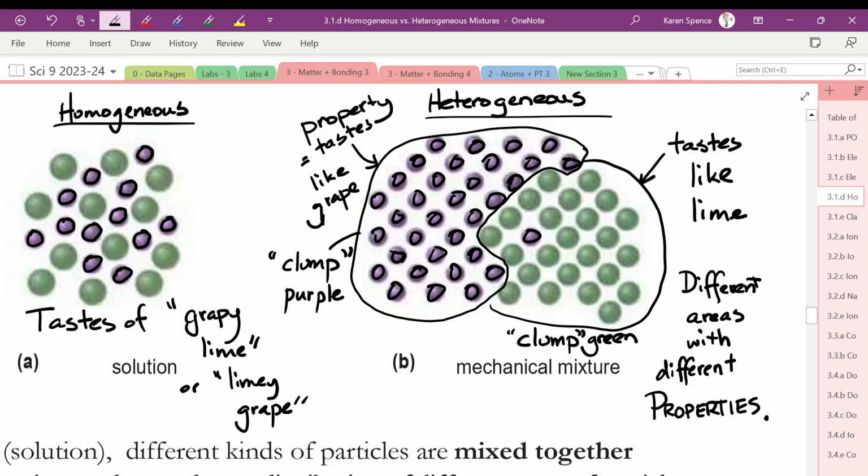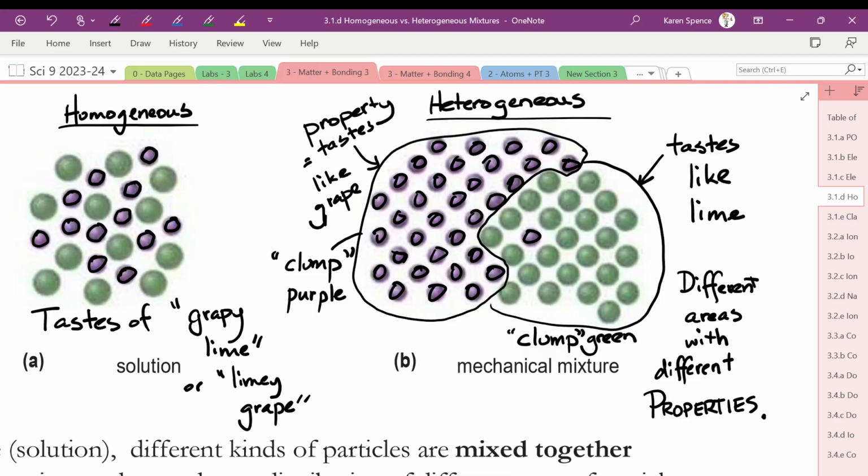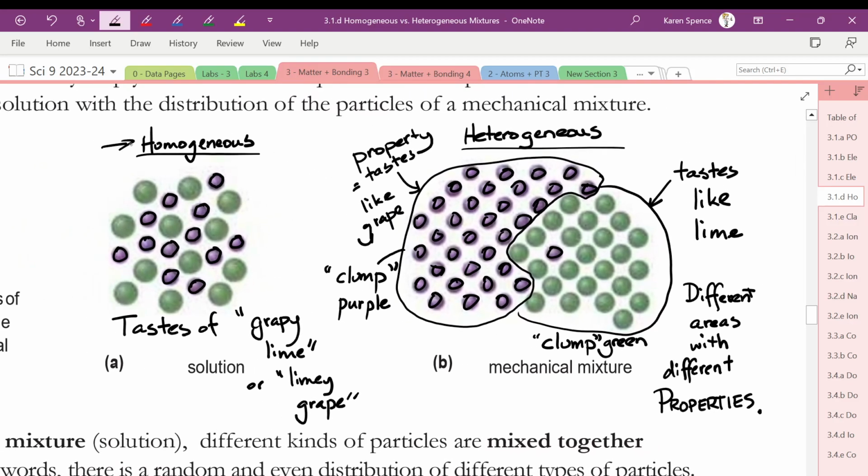So there's only one set of properties. A homogeneous mixture only has one set of properties. In other words, all the properties are all the same.